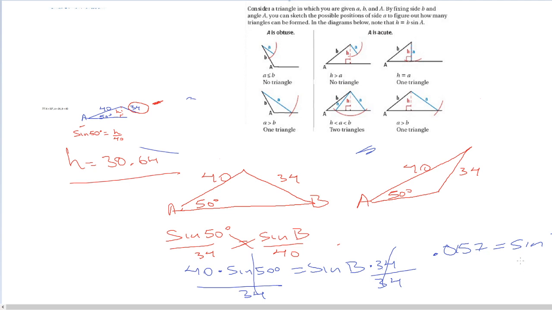We need to use the sine inverse on both sides. So sine inverse, and we get that angle right there is going to be approximately about 36, give or take.